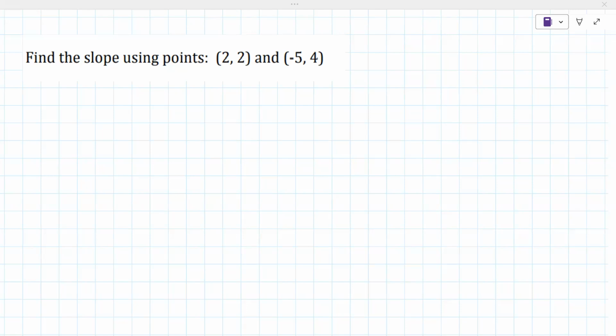Would it be 2 over -7? So we have 4 minus 2 over -5 minus 2, 2 over -7. That's correct. Good. All right. That actually was not the example I wanted. So let me give you a different problem here.